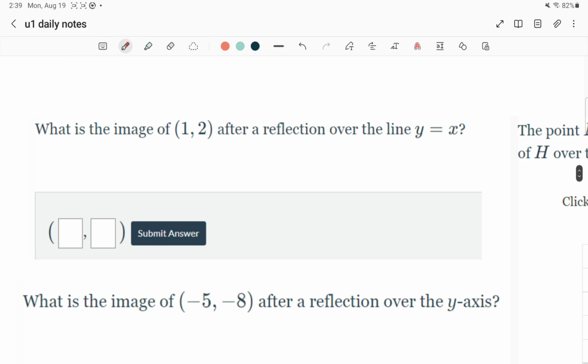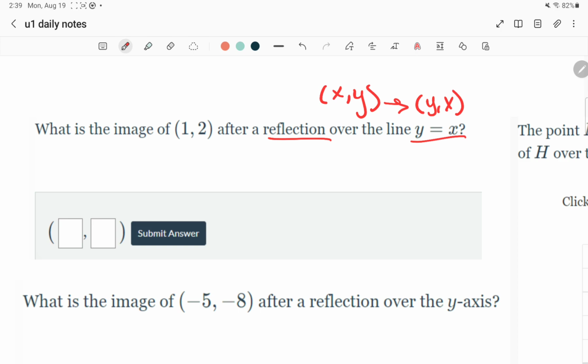What is the image of (1, 2) after a reflection over the line y equals x? So I know that my rule for y equals x, I'm just looking at a paper that I'll have on Canvas for you. My rule for the line y equals x is y, x, which means I switched the letters, right? We're used to x comma y.